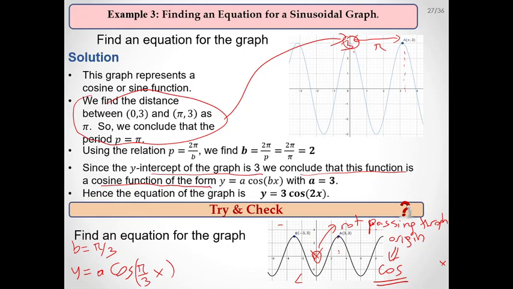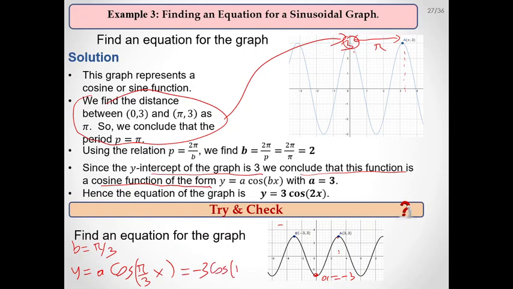Now what is a? A here is negative 3, right? You can directly say it's negative 3 times cosine pi over 3 times x, because when you plug in 0, you will get a equal to negative 3 here.